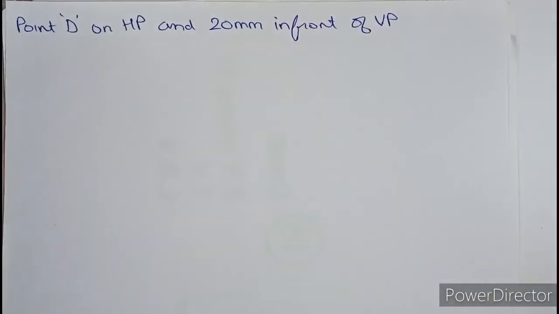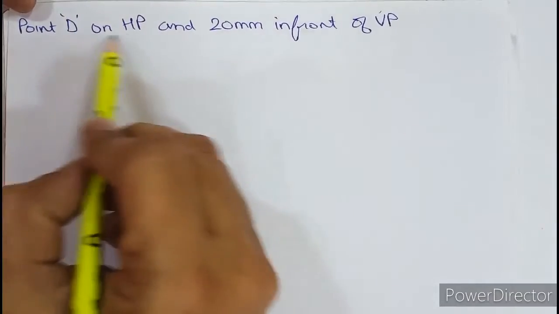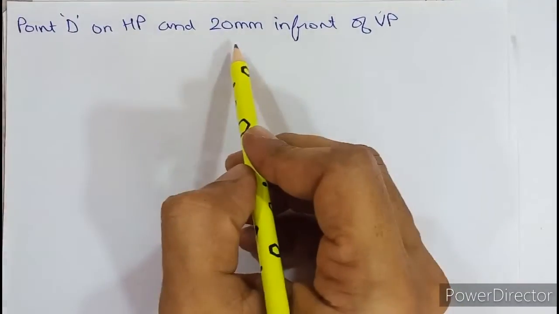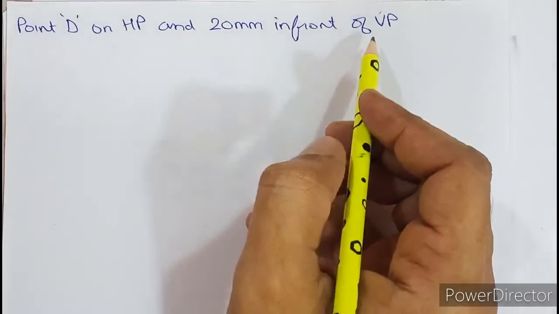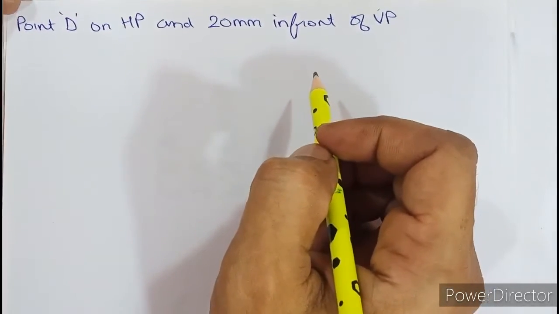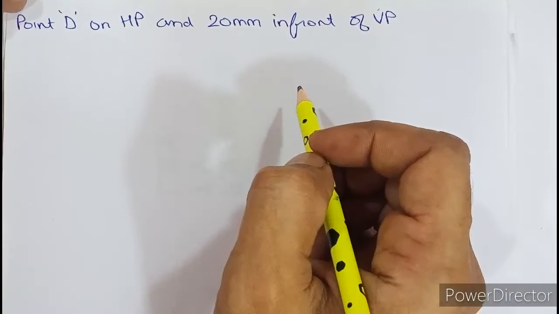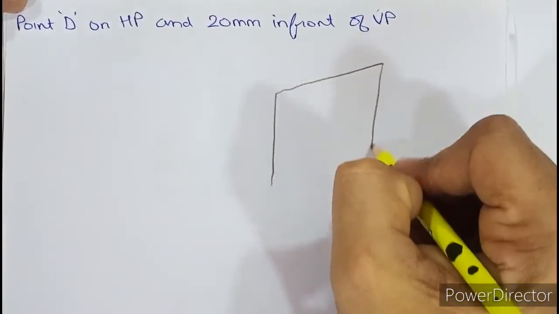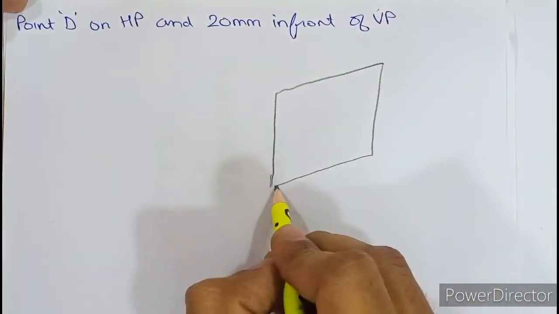Okay, now the next question is like this. Point D on HP and 20 millimeter in front of VP. Can you guess which quadrant it lies in? Point D is on HP. This is your VP, this is your HP.